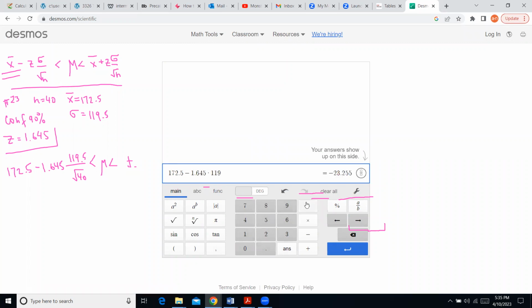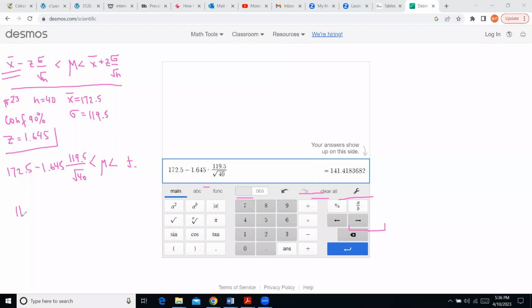So it's 119.5, right? That we divide by the square root extracted from 40, just like that. So I got the left side. This is 141.4, etc.